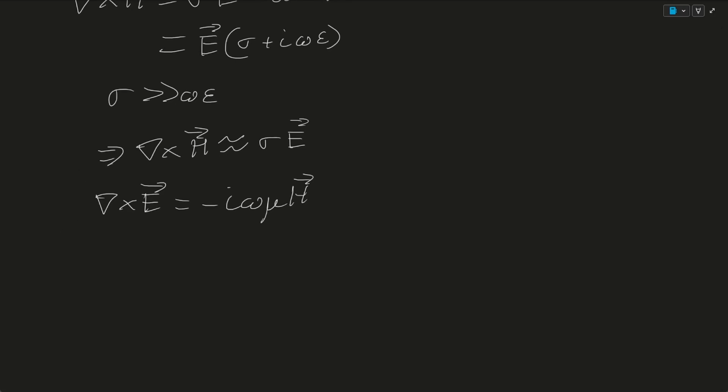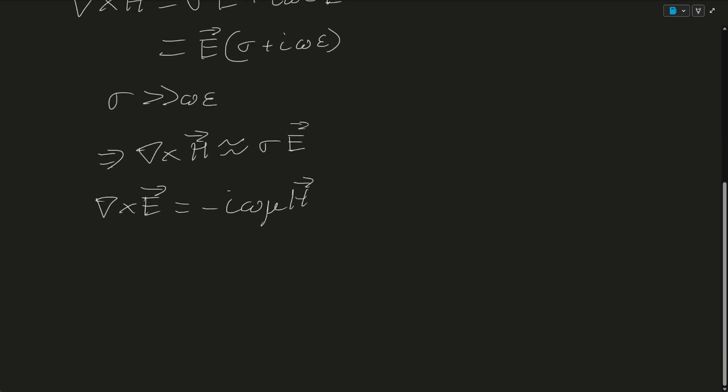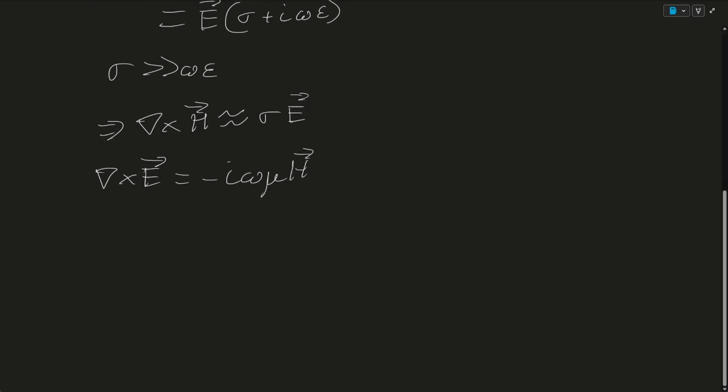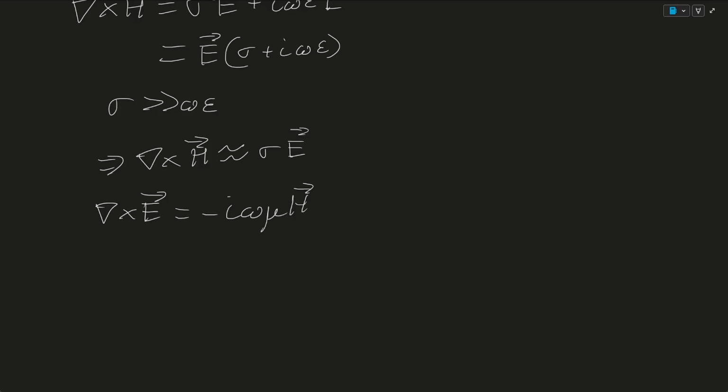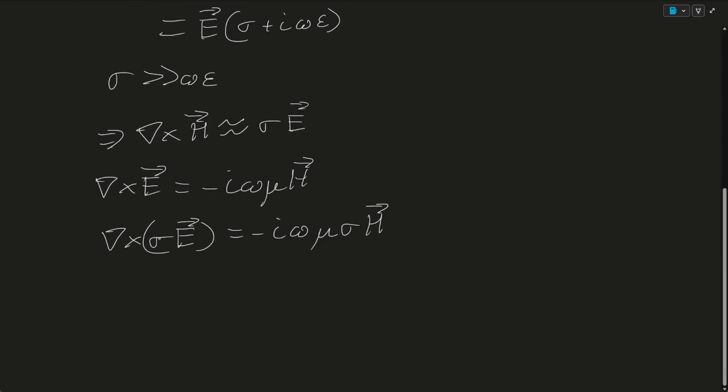Anyway, now we have some more useful equations, and what we can start to look at is the vector wave equation that we're going to get. We want an equation just in terms of J, because that's what we're trying to find. So we multiply Faraday's law by sigma: the curl of sigma E, in brackets for clarity, is going to be minus i omega mu sigma H. And we know that sigma E is just J, right?